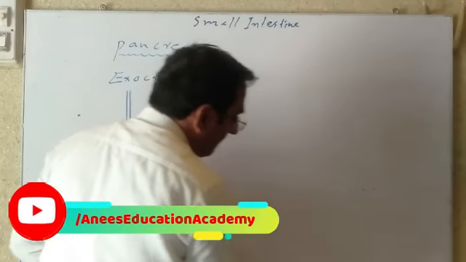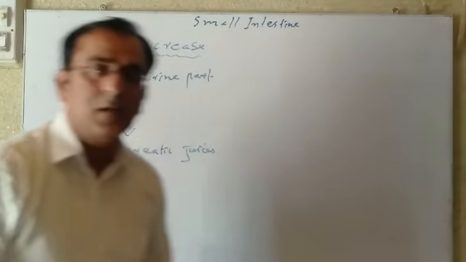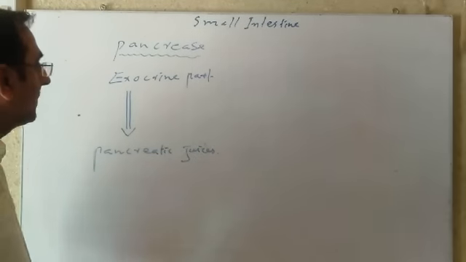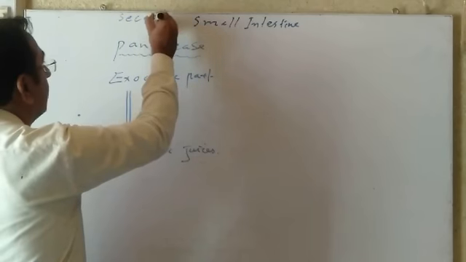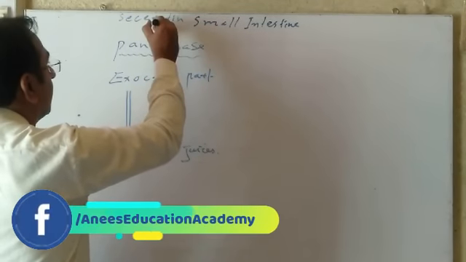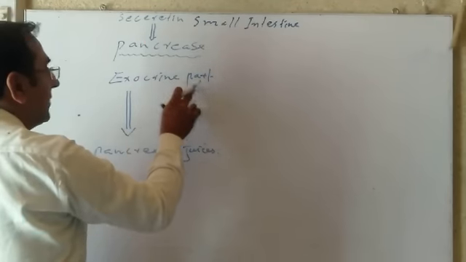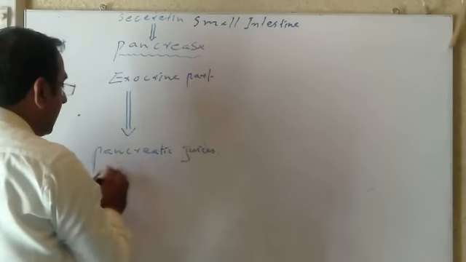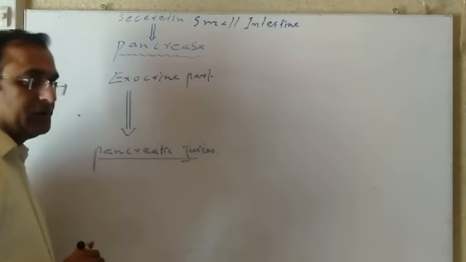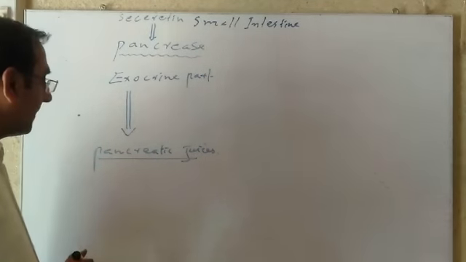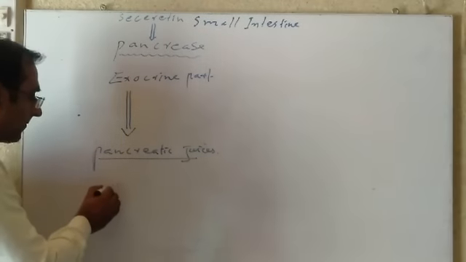The acidity of chyme stimulates the duodenal cells, and duodenal cells secrete the hormone known as secretin. This secretin hormone acts on the exocrine part of the pancreas, and the pancreas produces pancreatic juices. These pancreatic juices contain different enzymes.